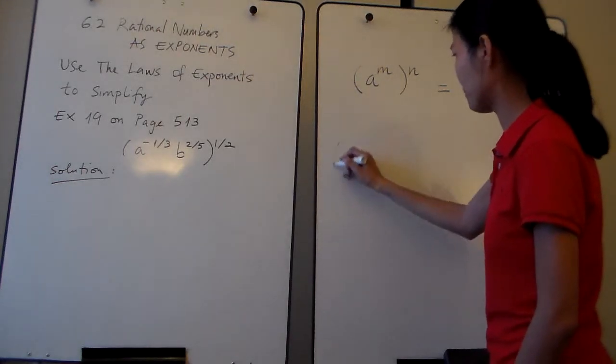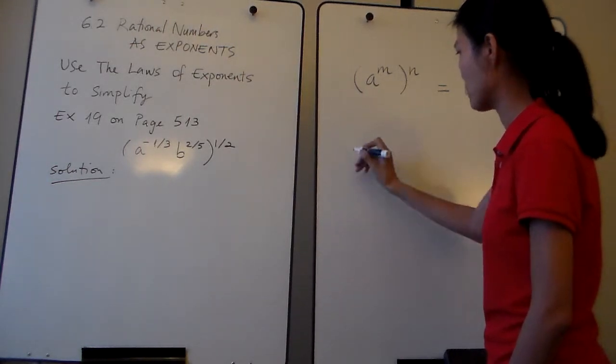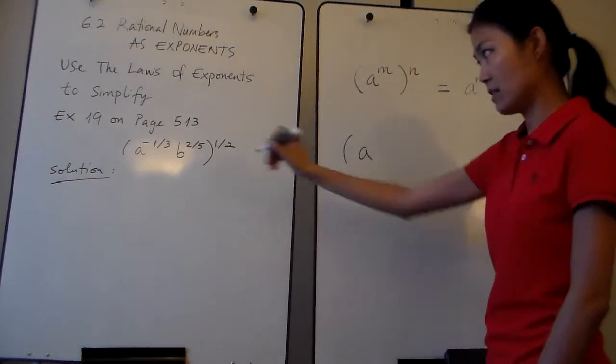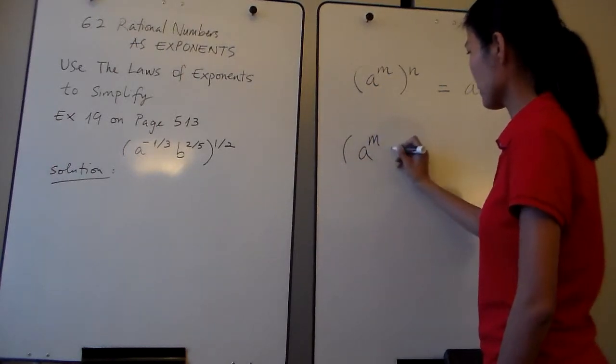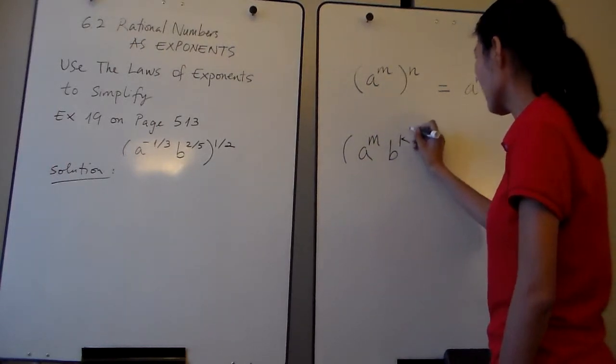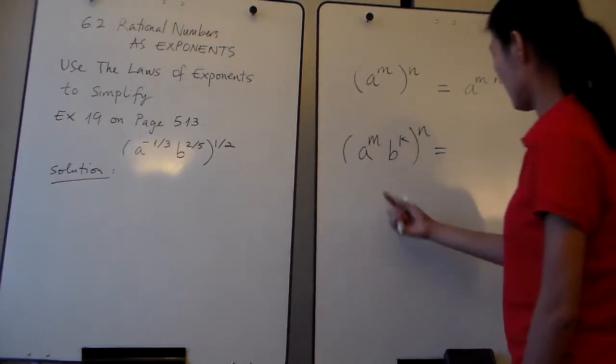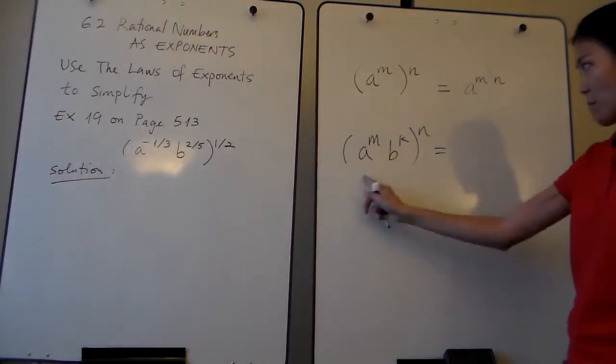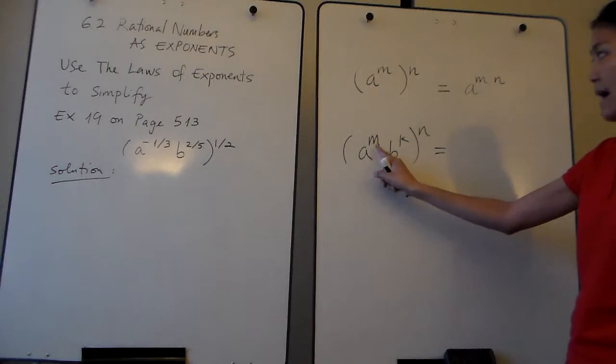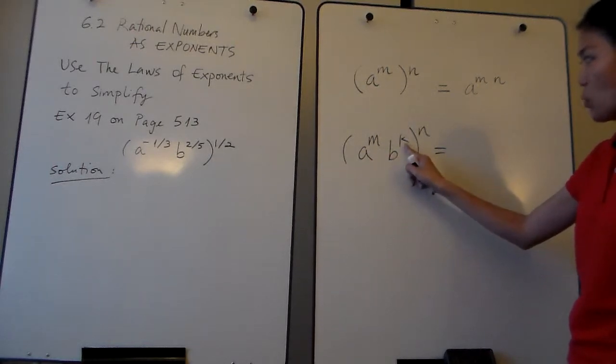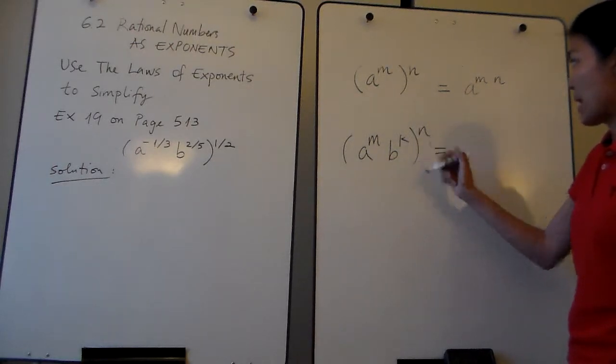What if you have the case that you have two different bases, like this case? Suppose you have two different bases, A and B, one has exponent m, one has exponent k, and you have n outside.